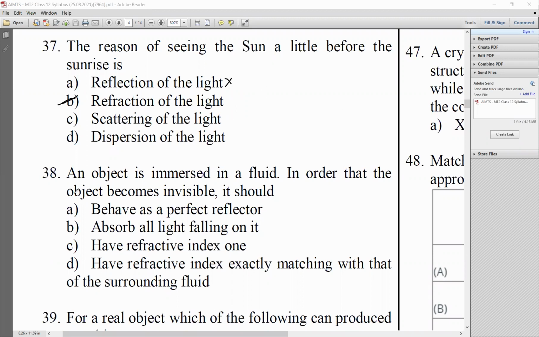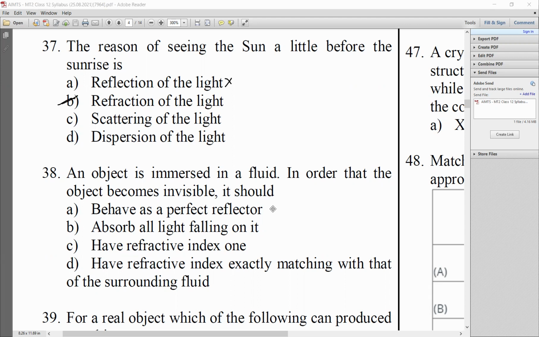Now 38. An object is immersed in a fluid. In order that the object becomes invisible, it should behave as a perfect reflector, or absorb all the light falling on it. See, if it behaves as a perfect reflector, we can see it because it will reflect light. Absorbing all light falling on it is not possible, right?